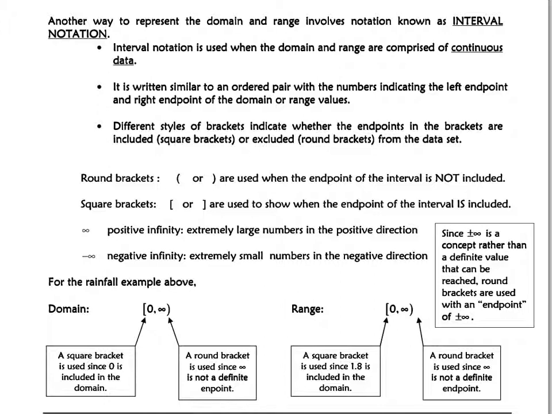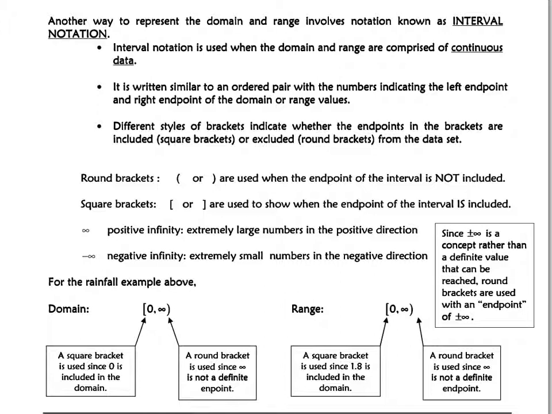So your left endpoint doesn't really exist, and you would indicate that with the symbol of negative infinity. If you do use infinity as an endpoint, because positive or negative infinity aren't really particular values, you would use round brackets to indicate that there's no real endpoint.